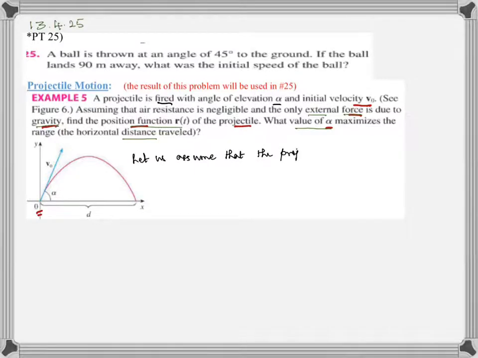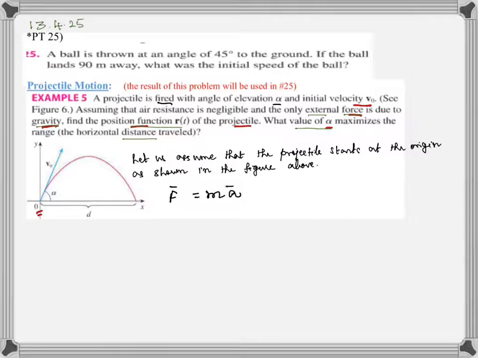Let's assume that the projectile starts at the origin as shown in this figure. So the force is given by mass times acceleration, and it also states that the only external force is due to gravity.